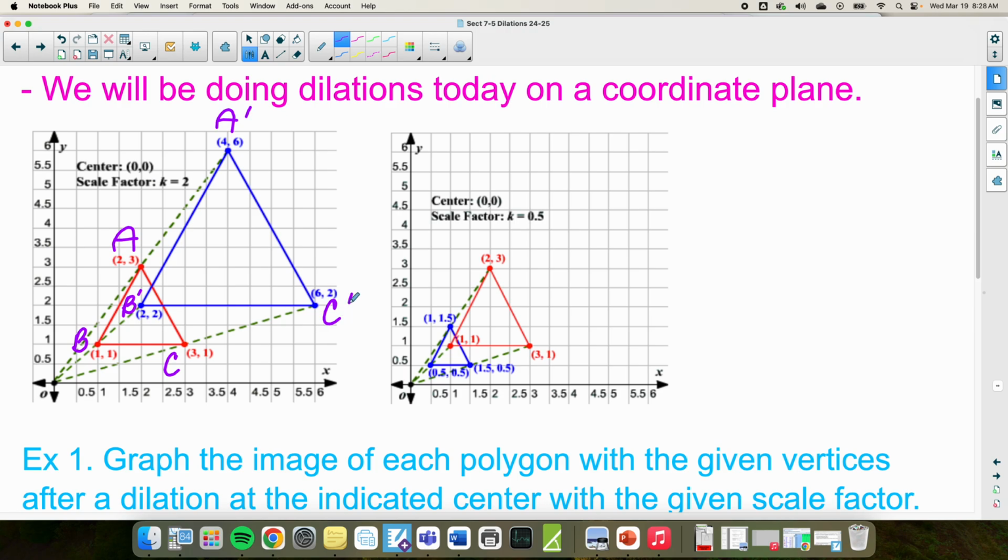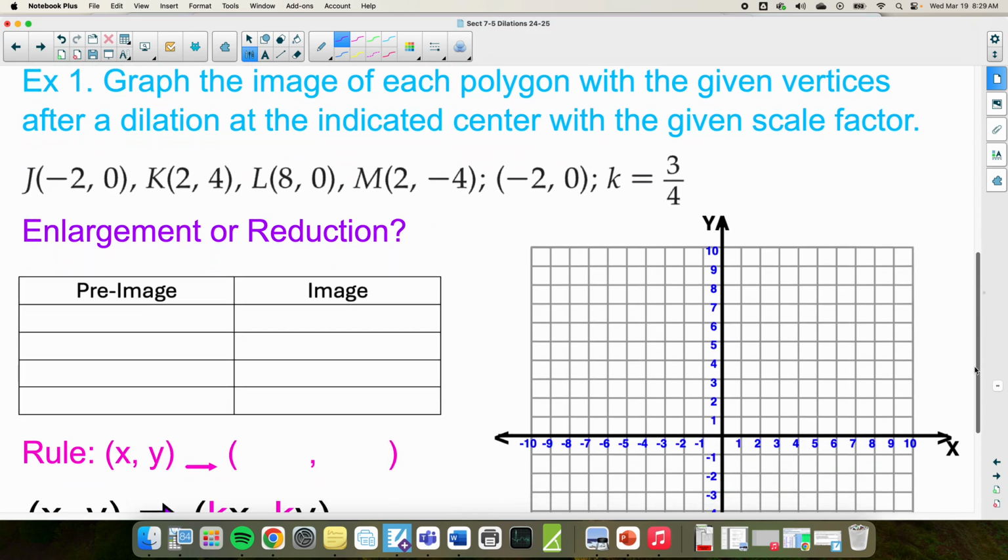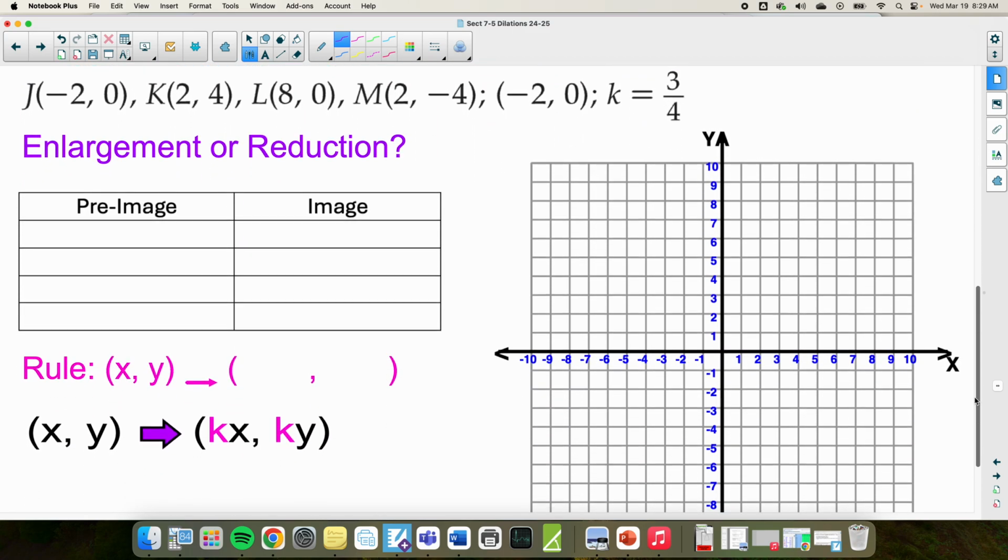Same thing here, the red is ABC, and your new figure would be, oops, nope, not that. This one would be B prime, A prime, and C prime, okay? All right. So let's try one of these.